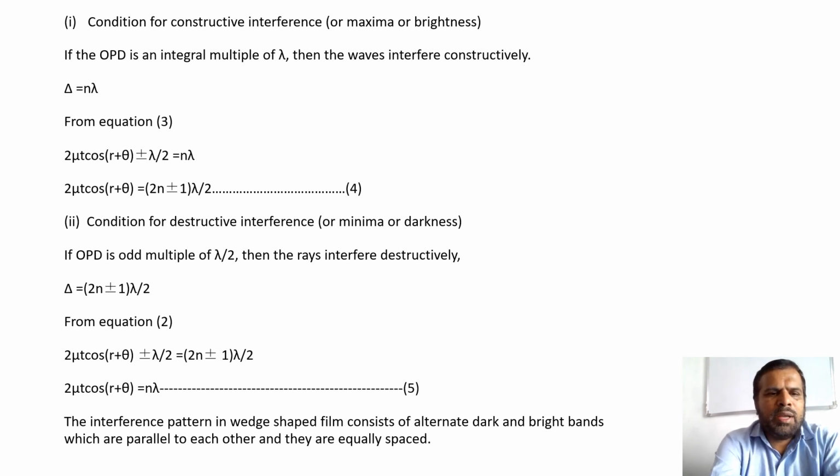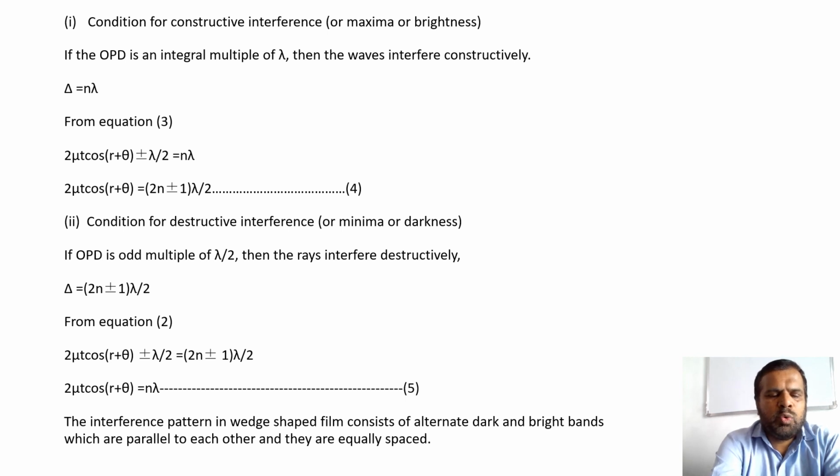Second one, condition for destructive interference, minima or the dark fringe. If the optical path difference OPD is an odd multiple of lambda by 2, then the rays interfere destructively. Delta is equal to (2n plus or minus 1) lambda divided by 2.